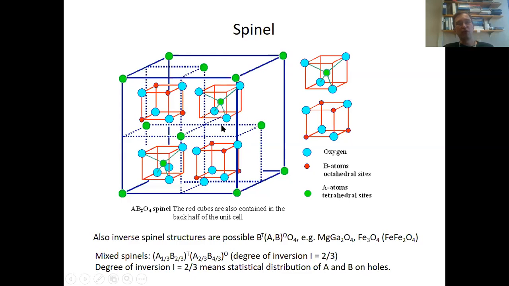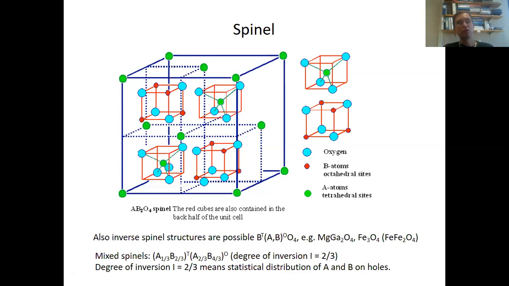So the fourth one would be this one here, and then there would be 4 other ones in the back of the large unit cell. Overall we have 2 different types of cubes.